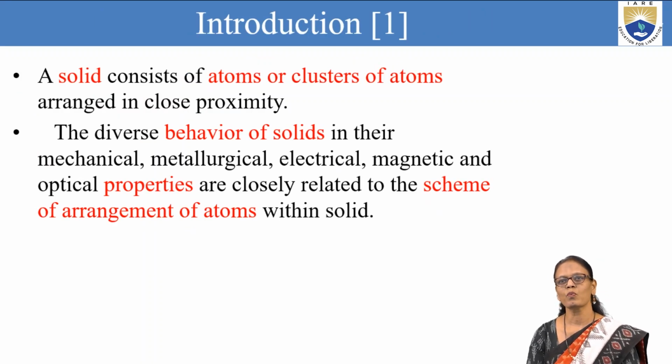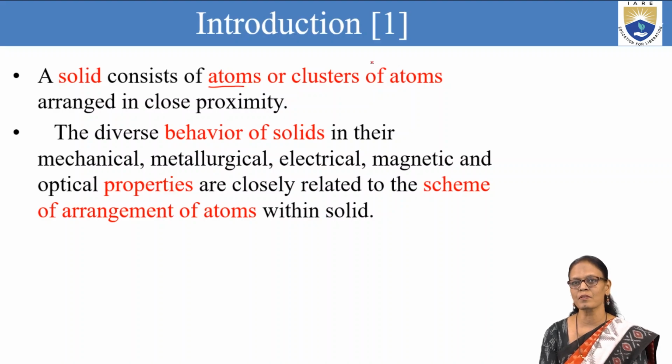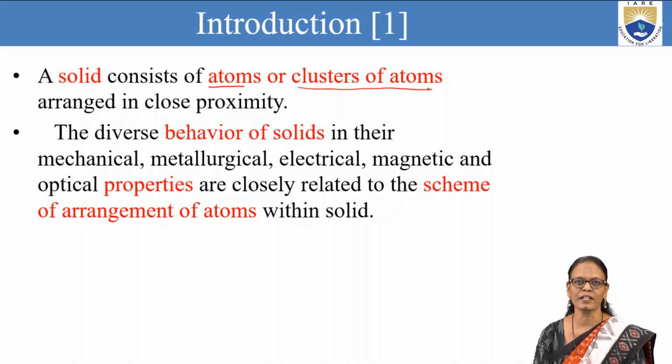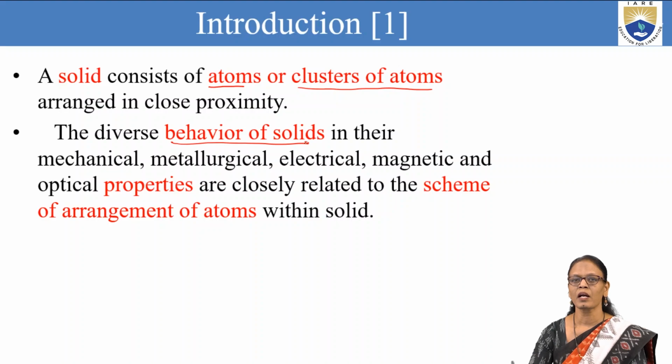Now coming to why we have to understand crystal structure. The reason is, any solid you take consists of a number of atoms or clusters of atoms that are arranged in close proximity, and the behavior of the solids in their mechanical, metallurgical, electrical, magnetic and optical properties is very closely related to the scheme of arrangement of atoms.